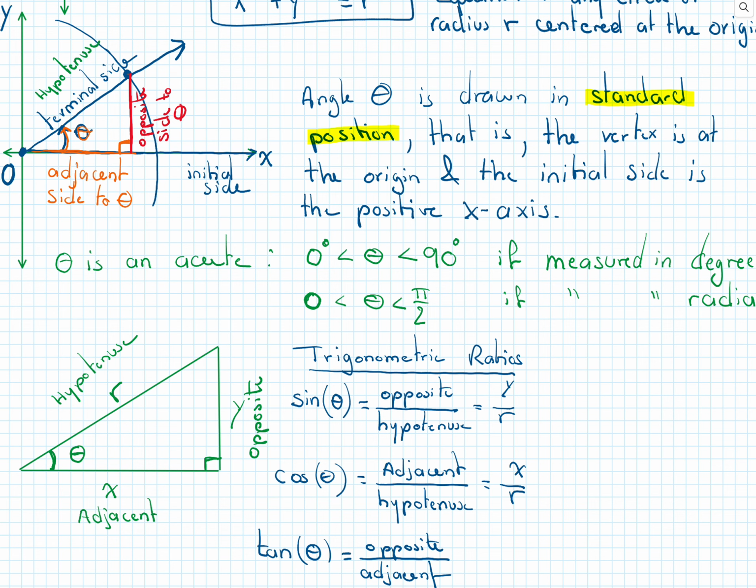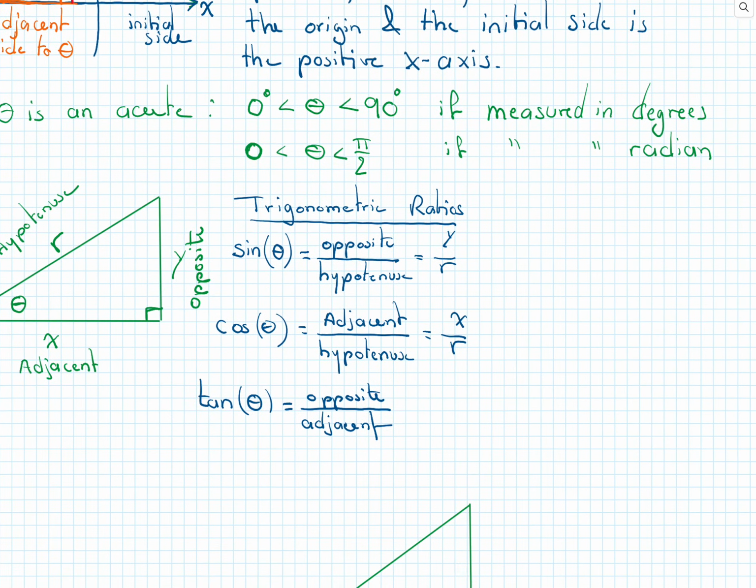Now those are your main trig ratios, and then we have what we call the reciprocal trig ratios. The reciprocal trig ratios are just like their name indicates, the reciprocal of the main ones.